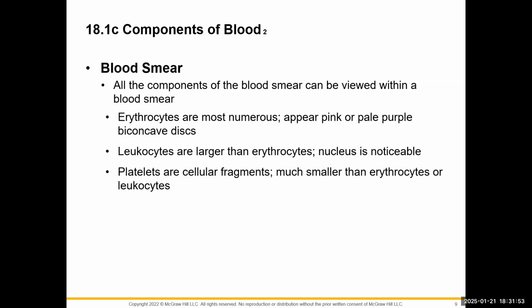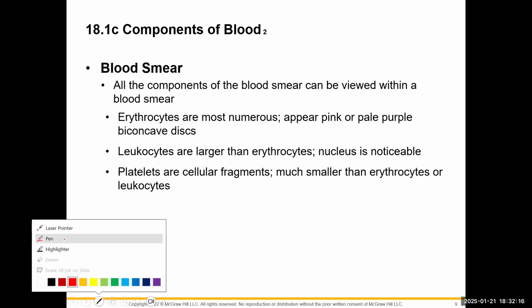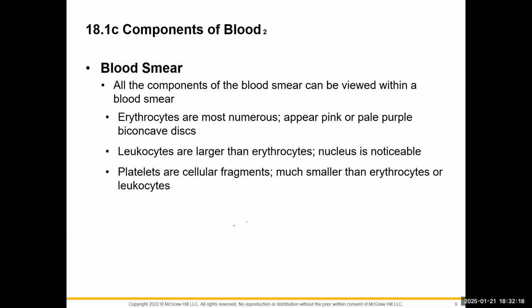So when we look at our blood smear, we're going to be looking primarily at the blood formed elements. So the erythrocytes, the red blood cells, and the white blood cells. Obviously, the erythrocytes should be the most numerous because they make up 44% of our blood volume. The erythrocyte itself will have a reddish or pinkish color, and it looks almost like a donut, except it doesn't have the center missing.